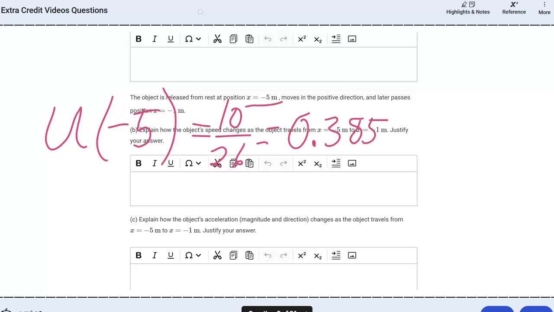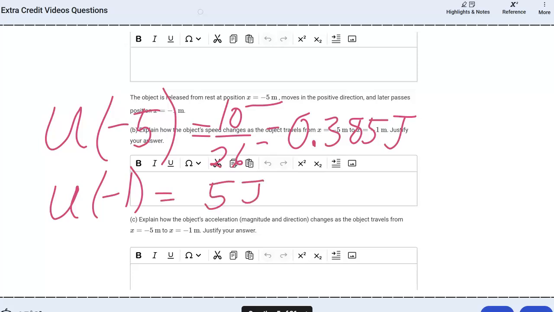Let me double check that. I did that before. Yeah, 0.385 joules, and U of -1 is 5, as we said before.